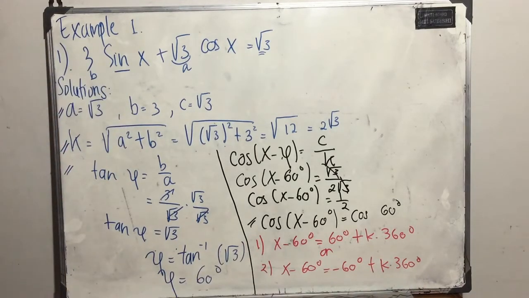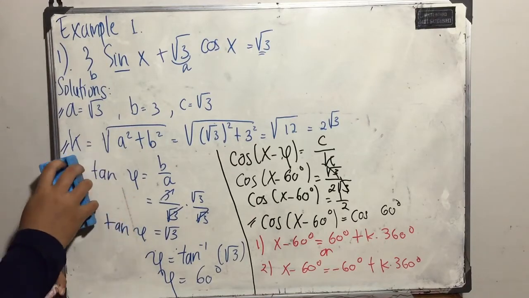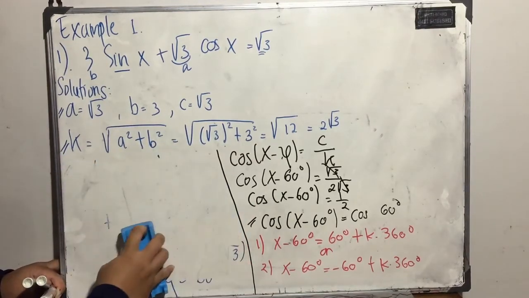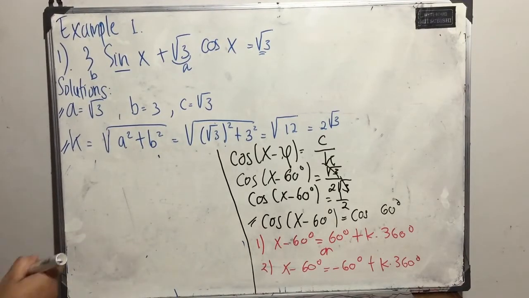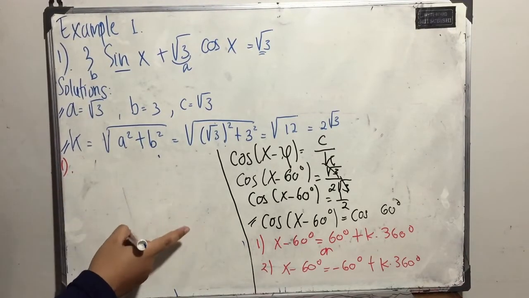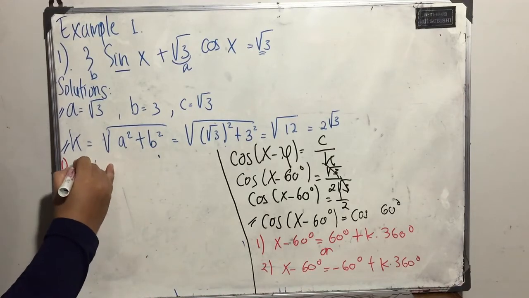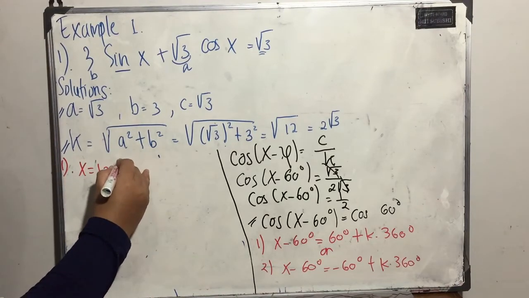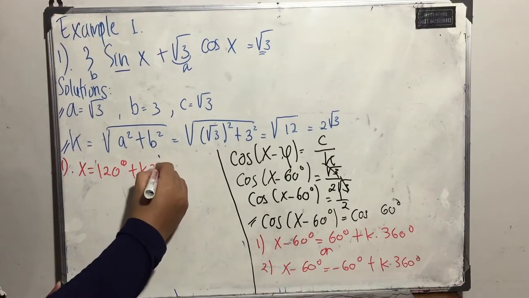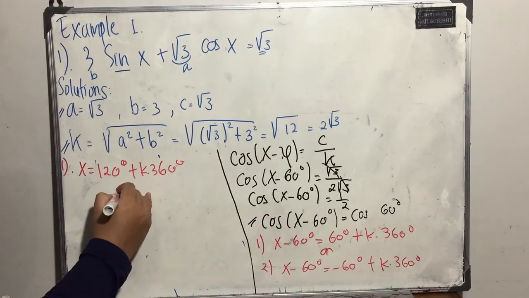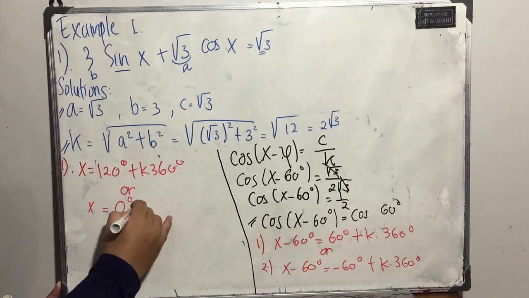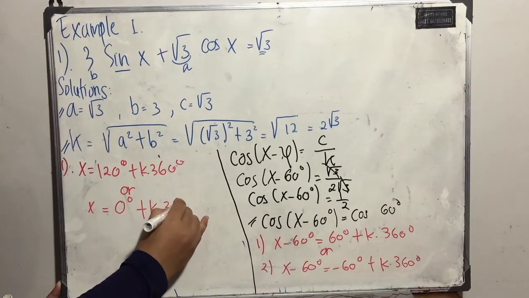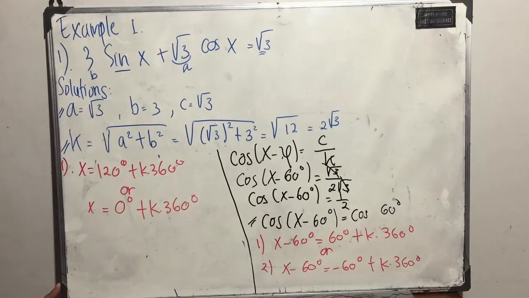From here we can rewrite the formula for the one. So we can write x equal 120 degree plus k 360 degree, or x equal 0 degree plus k 360 degree. So that's it for explaining about this question, everyone.